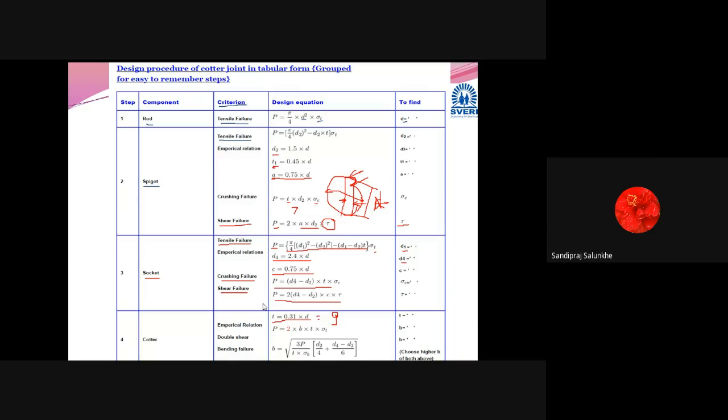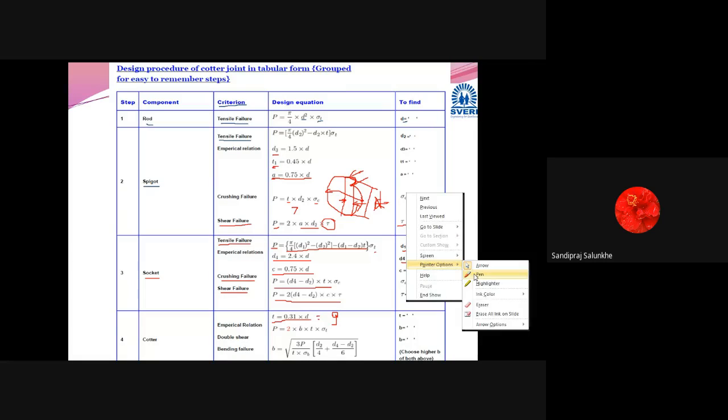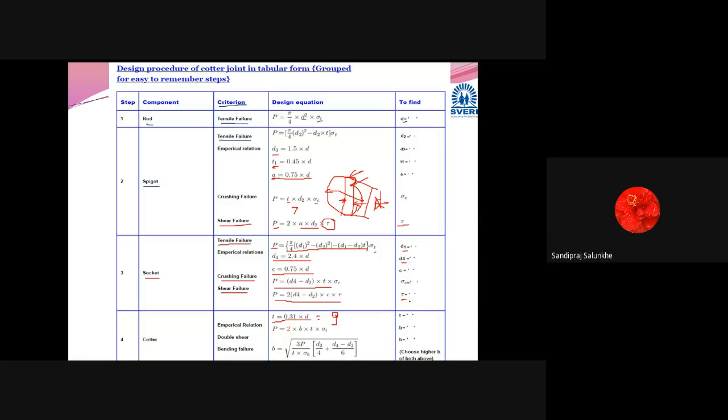Now with this formula, we are not going to calculate any dimension. We are just going to check whether that shear stress value is within the permissible limit or not. So by means of all these criteria, we are going to calculate the dimensions of the socket.